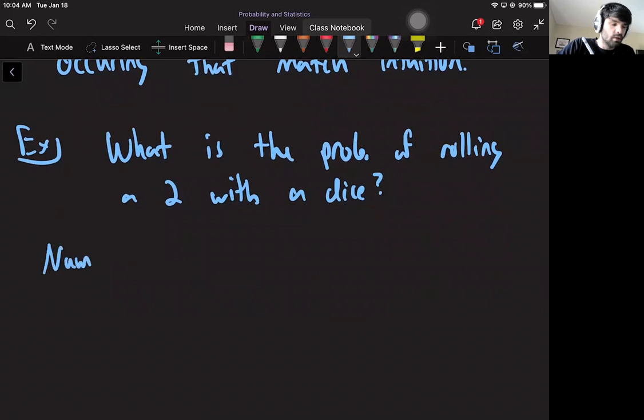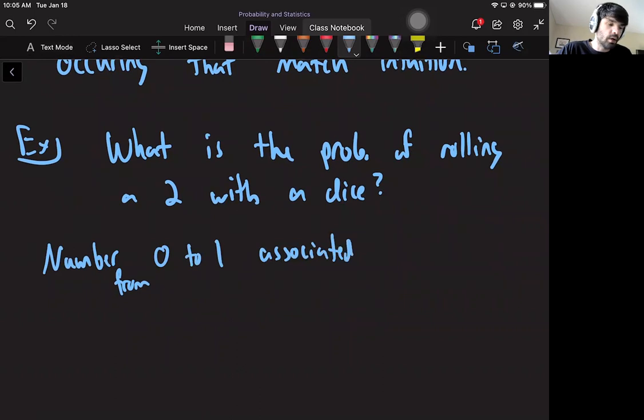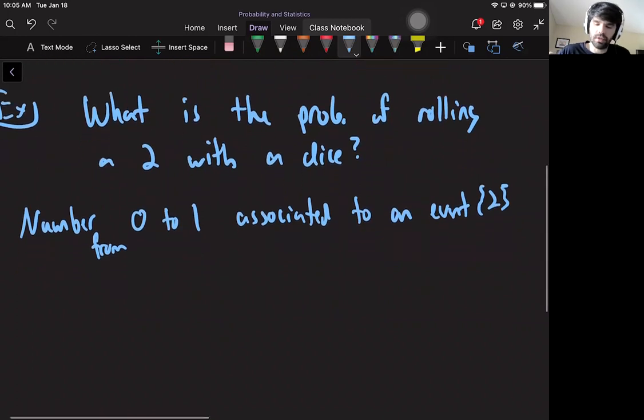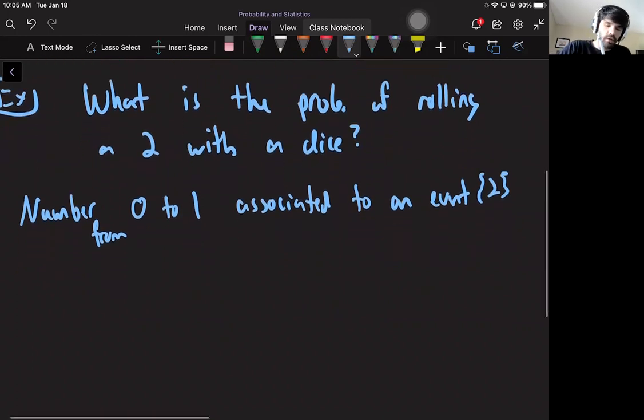Well, what we're really doing is we're saying that a number from 0 to 1 is being associated to an event. And so the event is the event with just one outcome in it, the event with a 2 in it. And you might say it's 1/6, and that's fine.